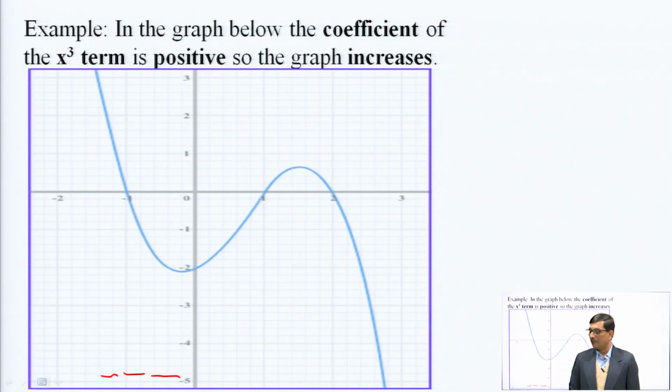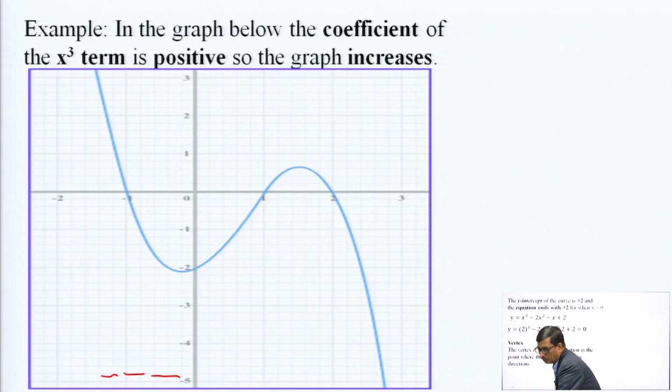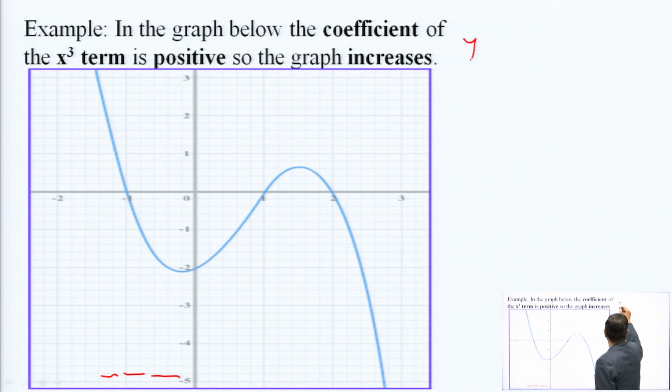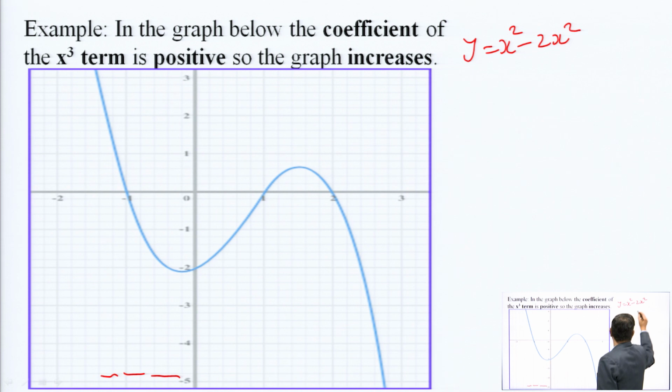In another graph below, the coefficient of x cube term is positive, so the graph increases, and the equation for this is y equal to x cube minus 2 x square minus x plus 2.